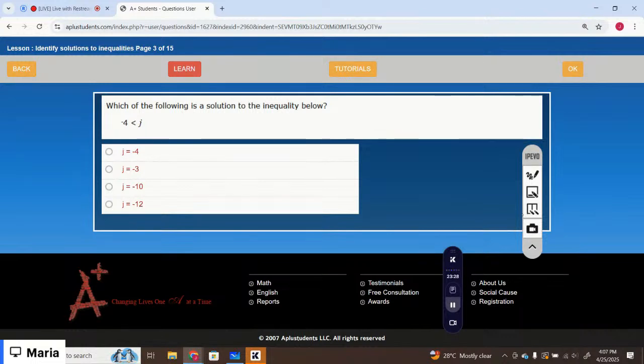Negative 4 is less than negative 3, because as you are moving far from zero, the numbers are getting smaller and smaller. So negative 4 is less than negative 3. Option number 2 is the correct option.